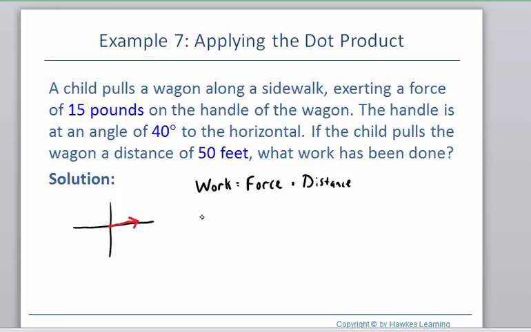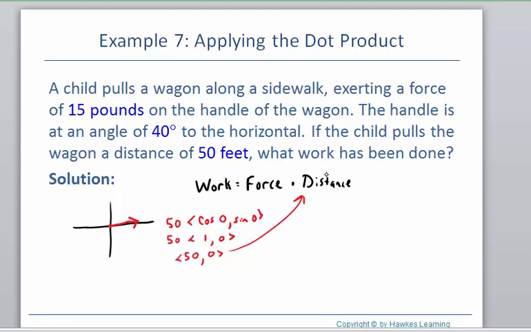So I'm going to look at the cosine of that angle, which would be the cosine of 0, and the sine of 0. And the force being acted on that will be the length or the magnitude, so that's going to be the 50. I know that cosine at 0 degrees is going to equal 1, and sine at 0 degrees is going to equal 0. And so distributing my 50 through the vector, 50 times 1 is 50, 50 times 0 is 0. And so now we have our distance vector.